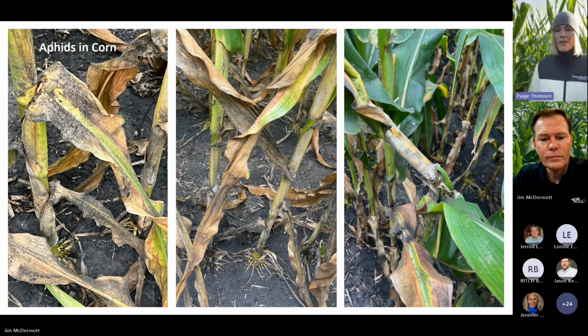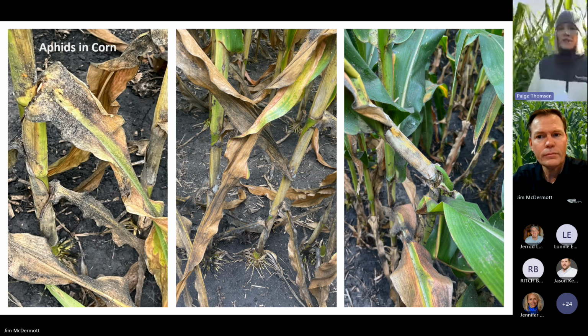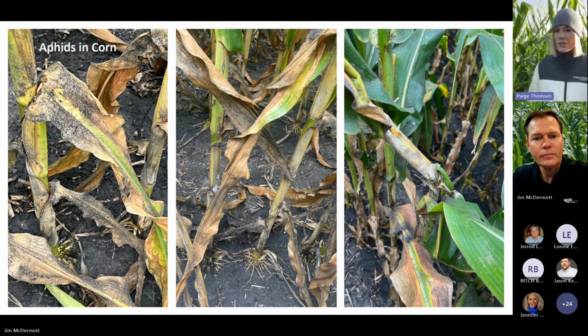We don't really get concerned with aphids typically until it's on the ear or on the tassel, but I think we're going to have to really evaluate these fields too, because in this situation the plants were starting to kink over around that ear area. As far as that sooty mold and some secondary molds coming in, it just kind of overtook the plant's photosynthesis and was starting to shut things down, as you can see from those leaves.